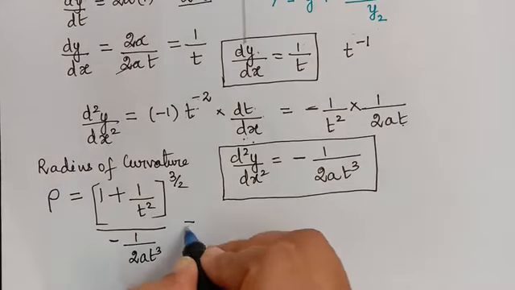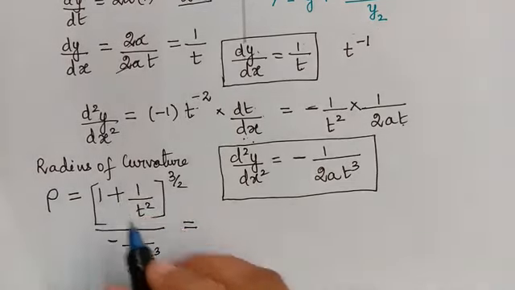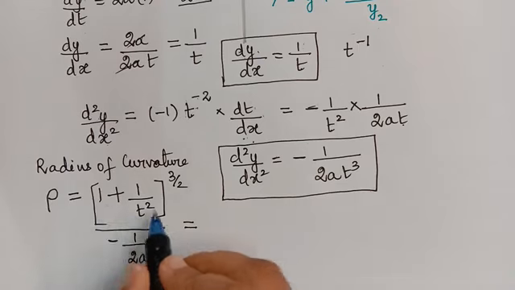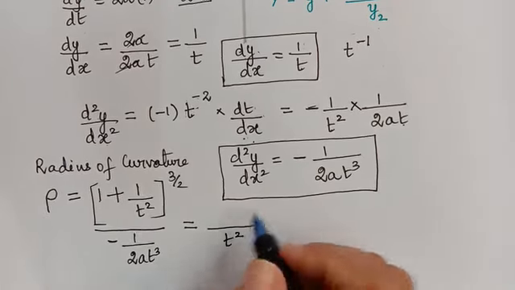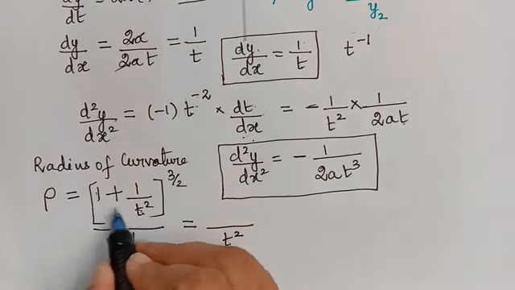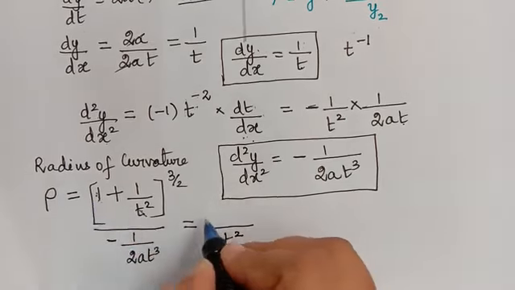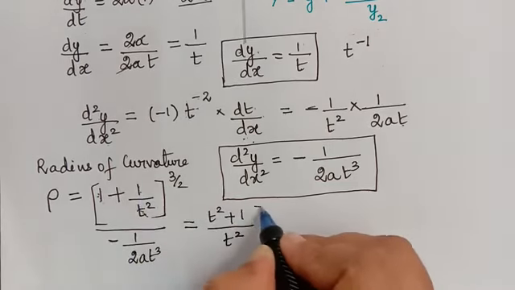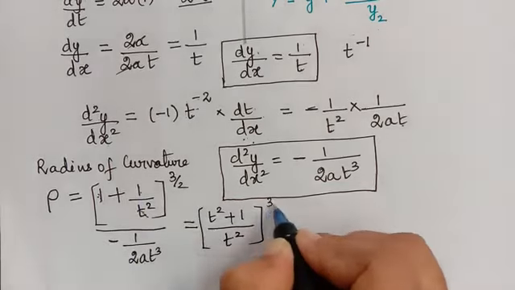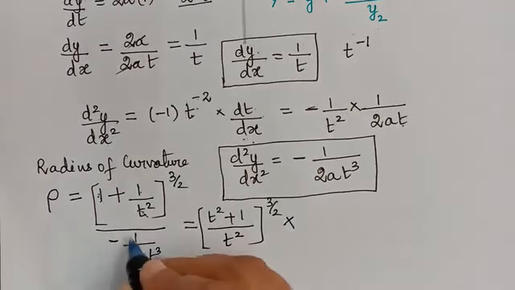So now we have to simplify this. We can take the LCM over here, the LCM is t squared. So we cross multiply this t squared with 1. So it will be t squared plus 1, whole to the power of 3 by 2, multiplied with this term.